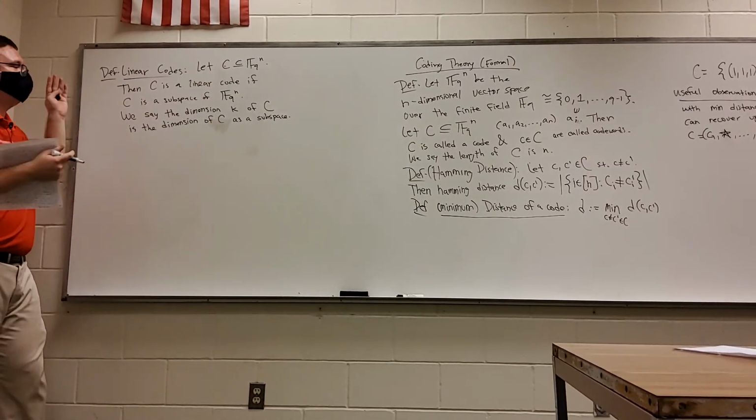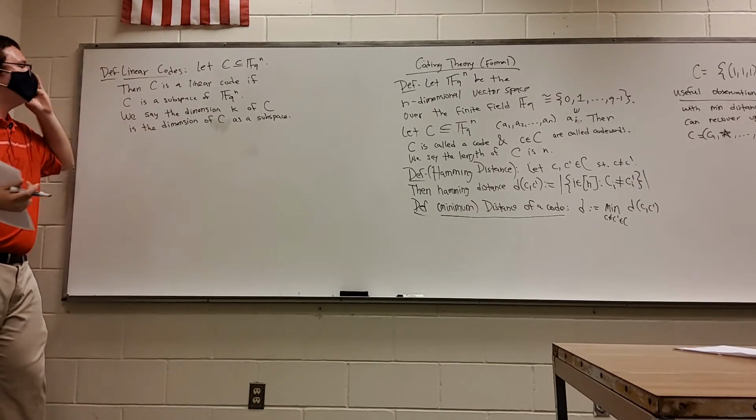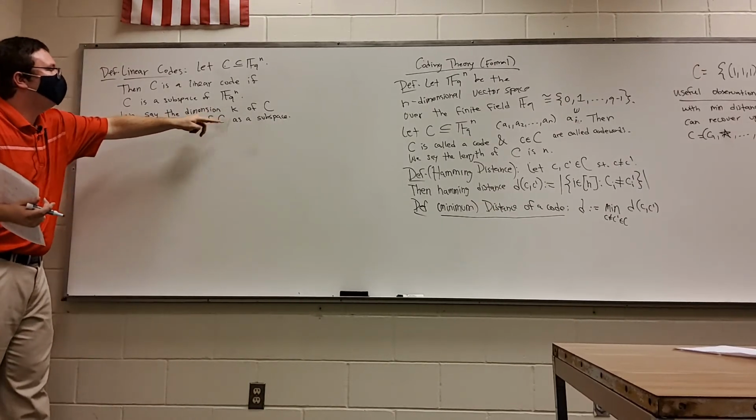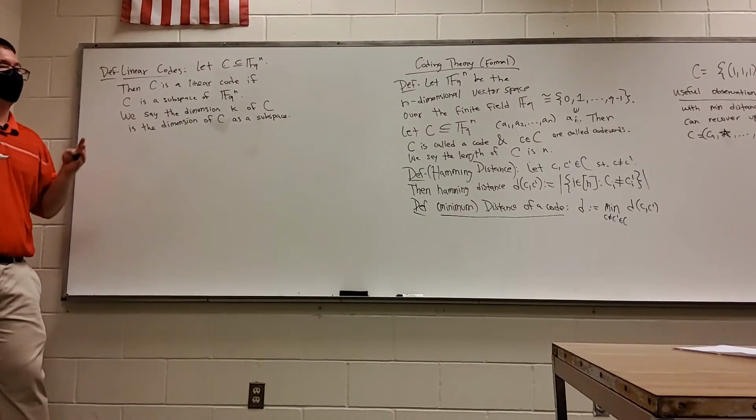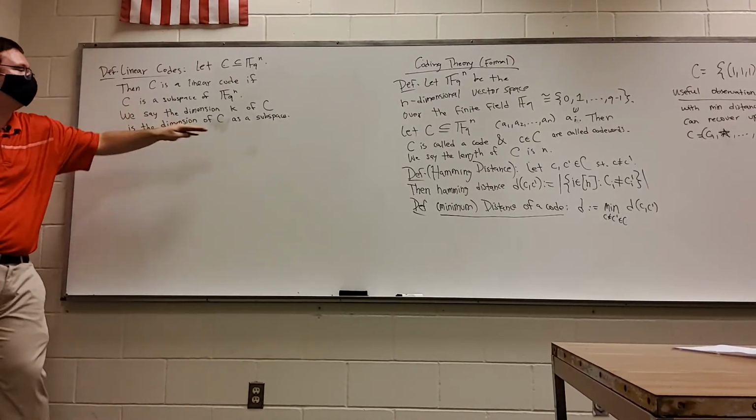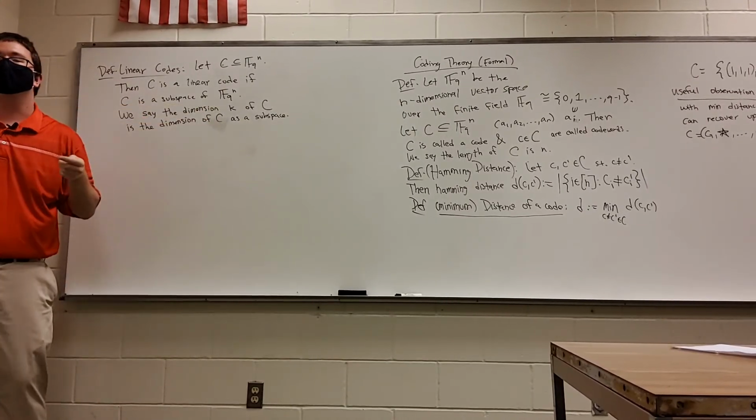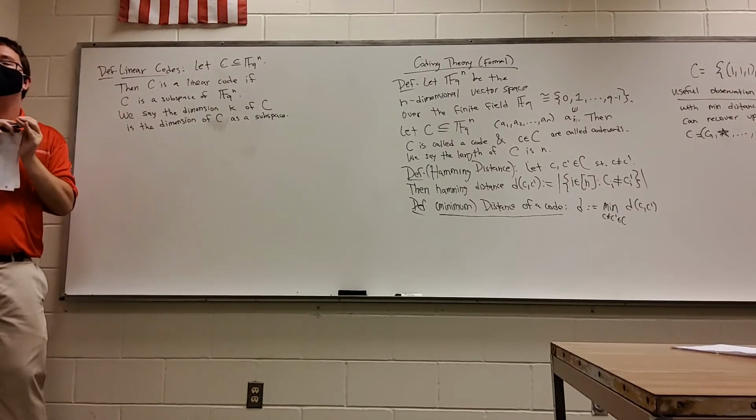So dimension is just the number of basis vectors. So this K is just the dimension of C as a vector space over F_q. Okay.